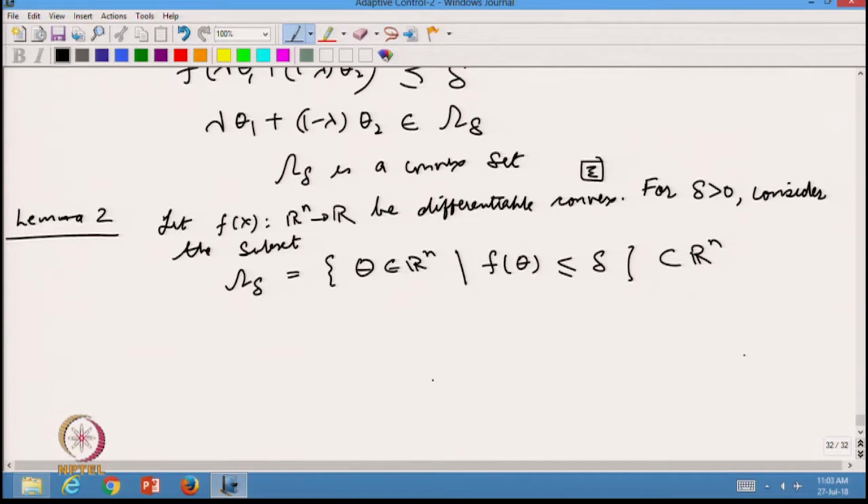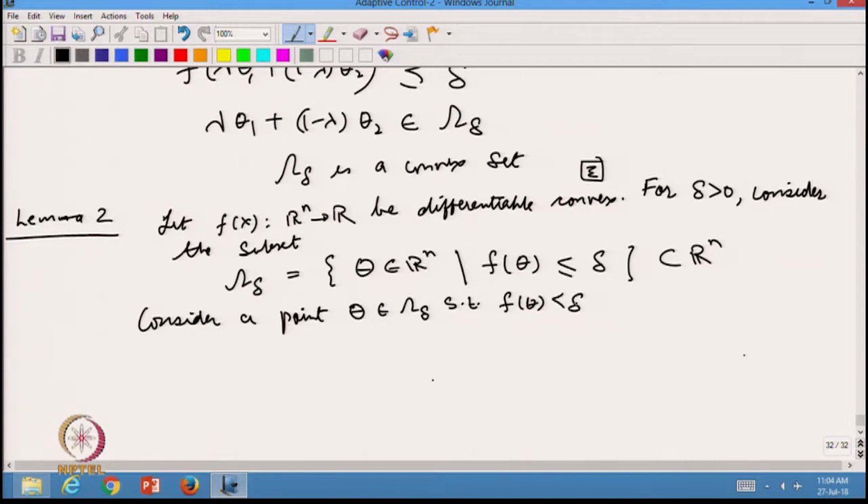Okay. Now, let us consider a point theta within this set omega delta such that f of theta is less than delta.